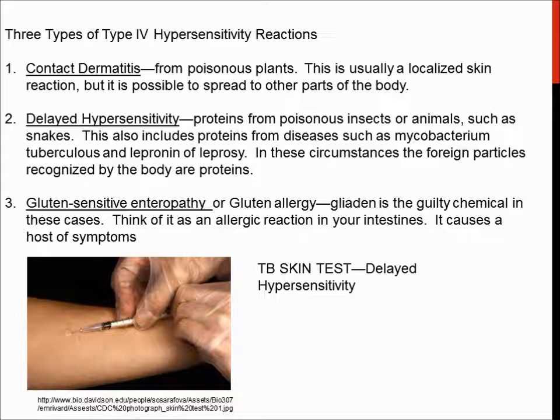In gluten sensitivity enteropathy, or gluten allergy, gliadin is the guilty chemical in the allergic reaction in your intestines. It causes a type of very painful bloating and diarrhea, and it is quite a common disease now known as celiac disease.